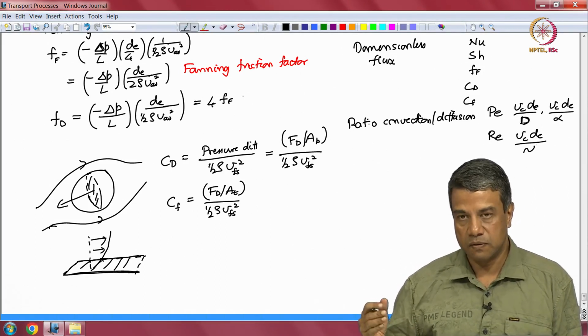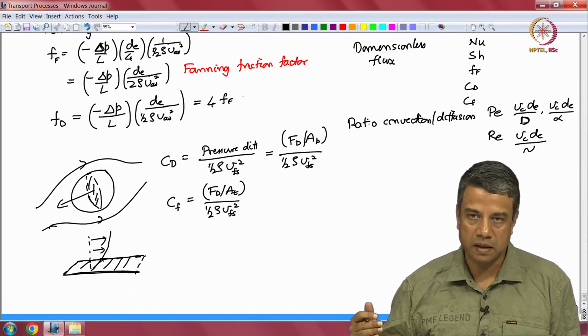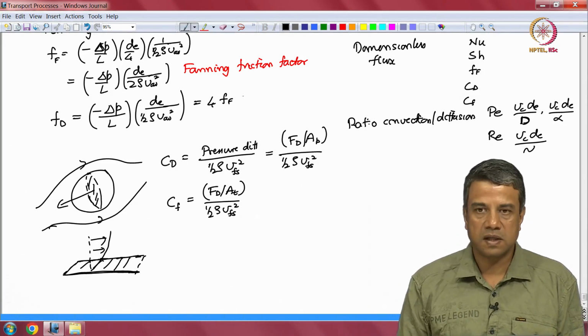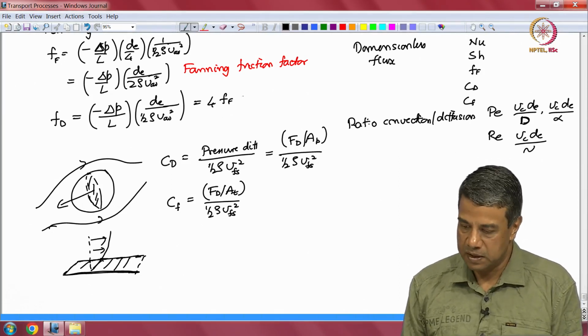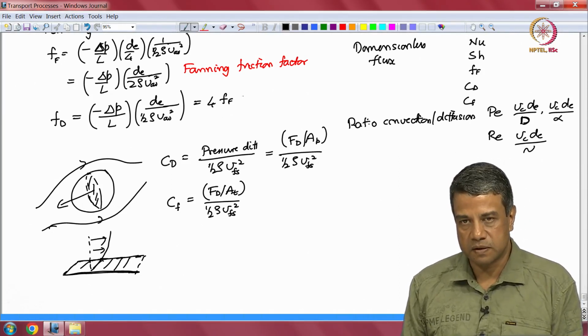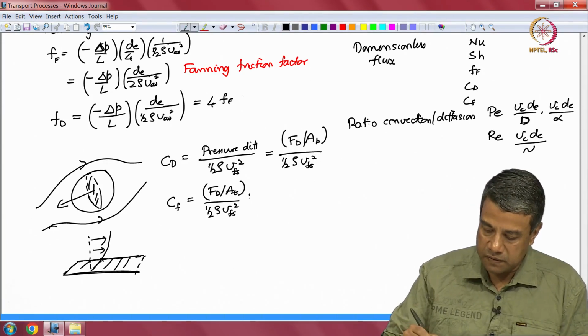Reynolds number is rho V d by mu or V d by nu. Each of these is characteristic velocity times characteristic length divided by diffusion coefficient. So, these are the ratios of convection and diffusion, and then you can have the ratios of diffusivities.